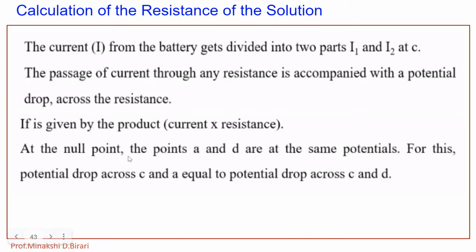At the null point the points A and D are at the same potentials. For this, potential drop across C and A is equal to the potential drop across C and D. Therefore, I1 into R is equal to I2 into R2.